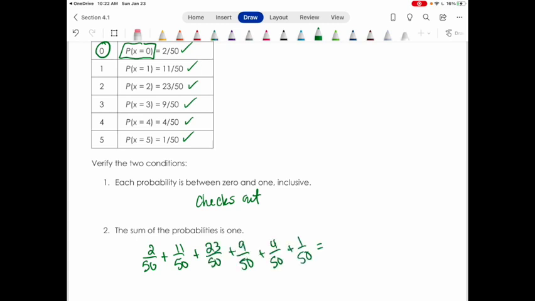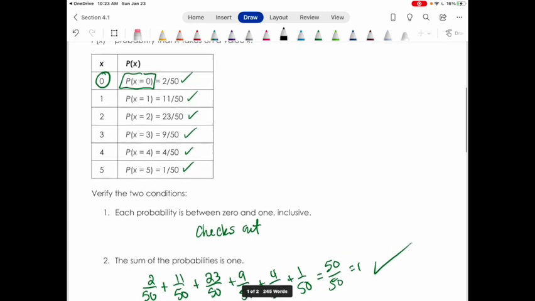If I add that all up, I get 2 and 11 is 13, then I add in the 23, that'll give me 36, and then I add in 9, that will give me 45, and then I add in 4 and 1, that gives me 50 out of 50, which is 1. So that second condition checks out.